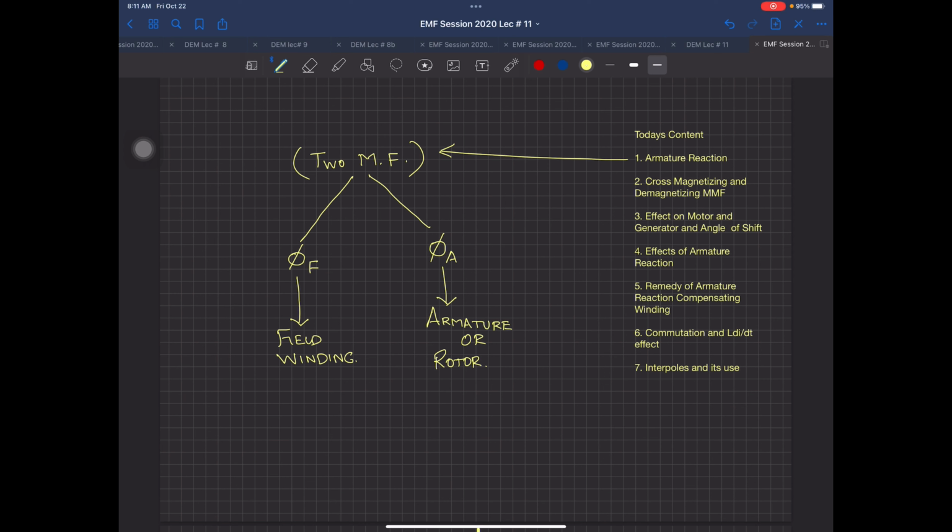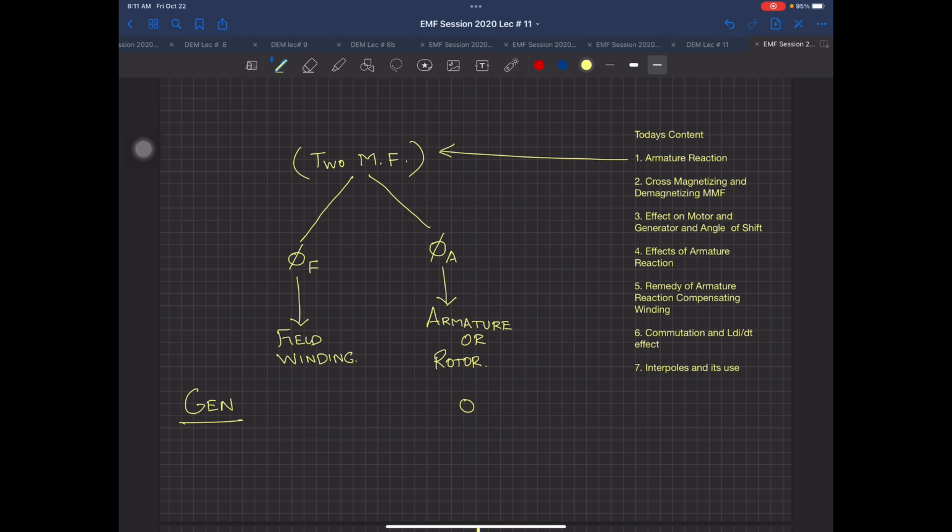Now technically they both will occur, and there is certainly going to be some load attached. Supposing I am talking about a generator. When a generator is working at no load, then phi A is actually not existing because it's open circuit. Or even if it is connected in the form of a shunt generator, the current is just going to be, if you're talking about the lab equipment, 150 or 200 milliamperes.